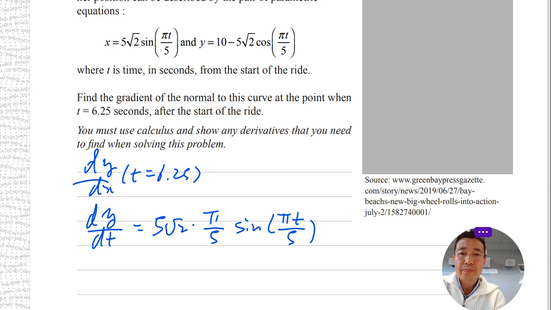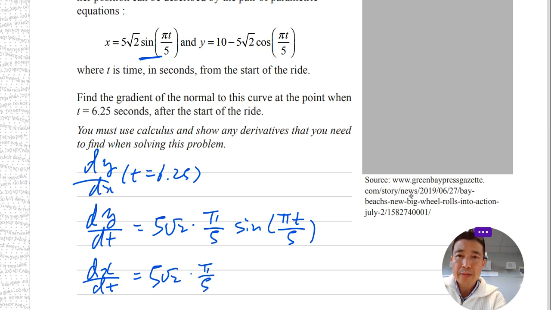All right? And then you have to find dx/dt. Over here, it is a sine, so sine becomes cosine. However, you have to differentiate the inner function as well. So 5 square root of 2 times pi over 5, and then sine becomes cosine pi t over 5.